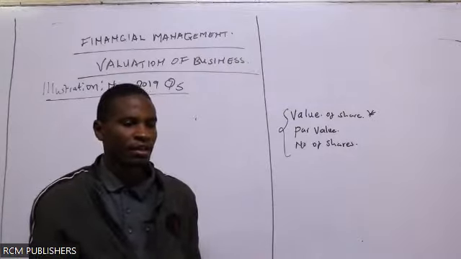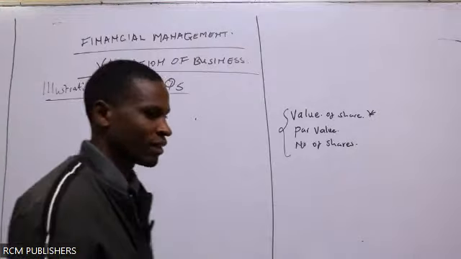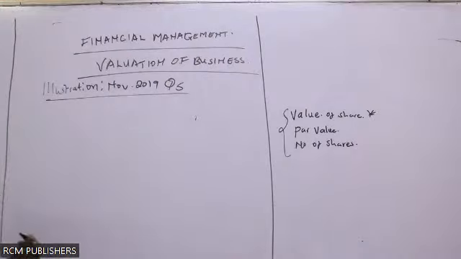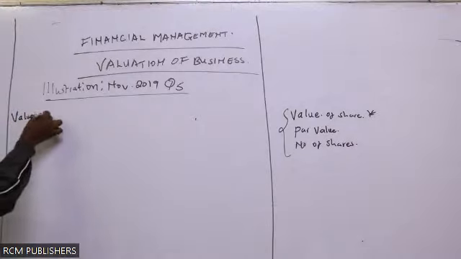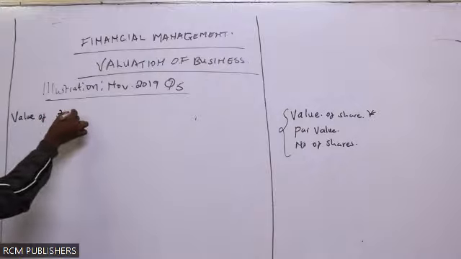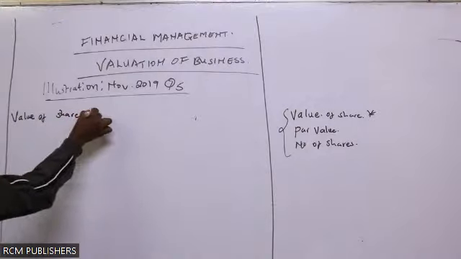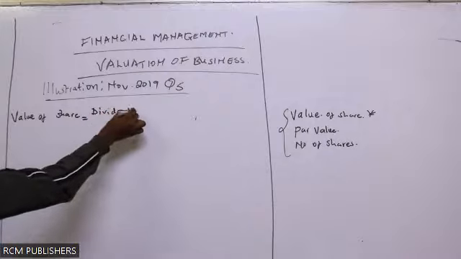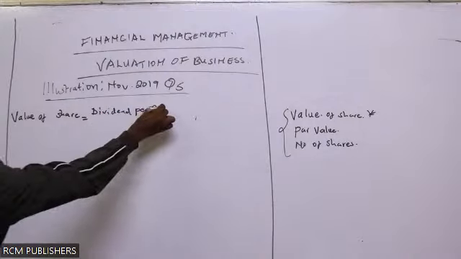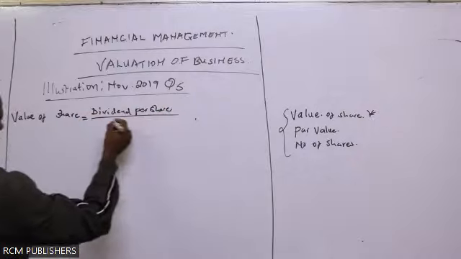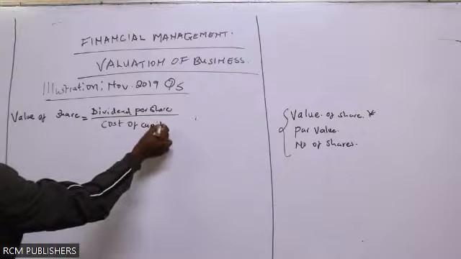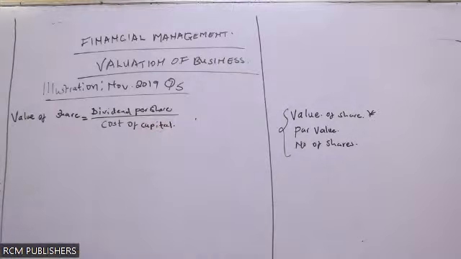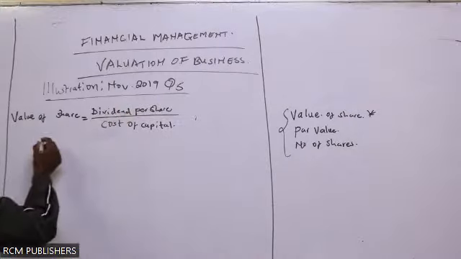So you say that value of share is equal to dividend per share over cost of capital. Now you ask yourself, how do I get the dividend per share?